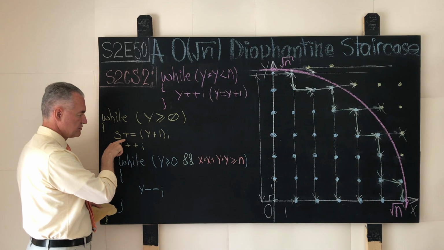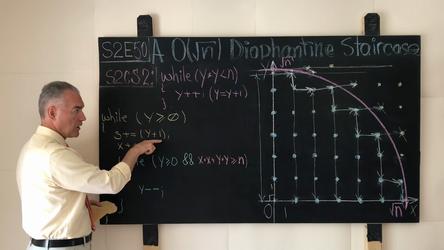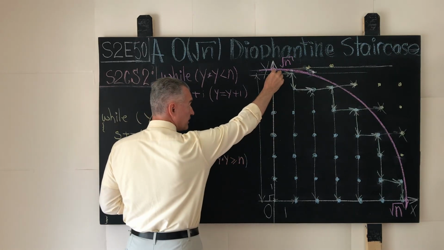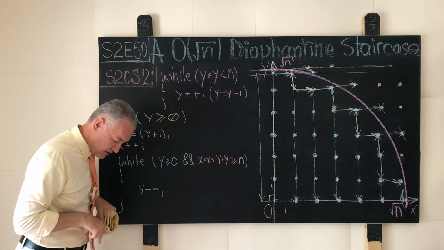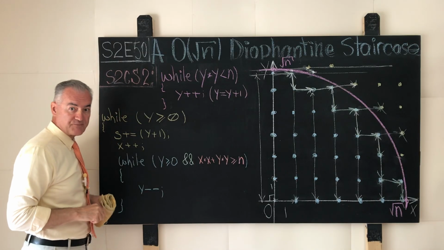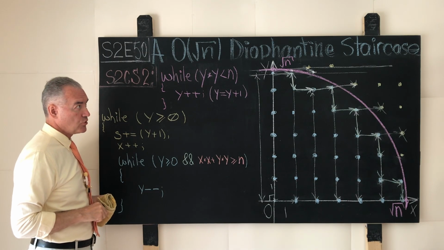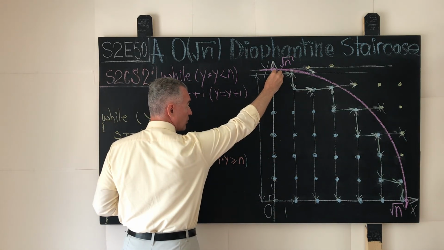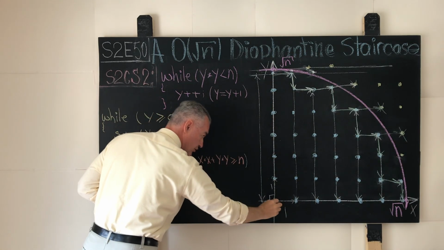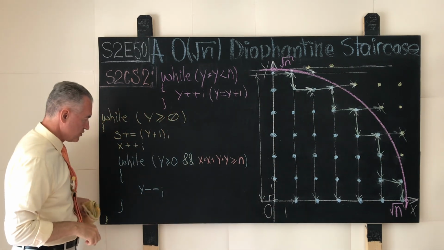Basically, this is a shorthand notation to write S equals S plus y plus 1. This is adding all the blue points that are directly underneath the stair that we sit on right now. This is the sum of all the blue points that we're sitting on top of right now.